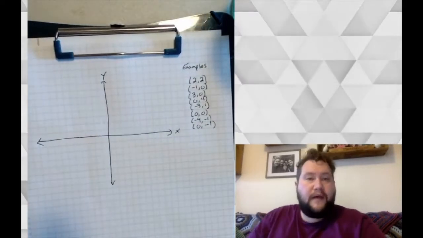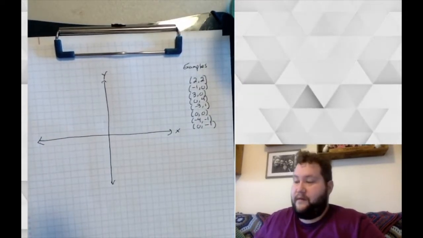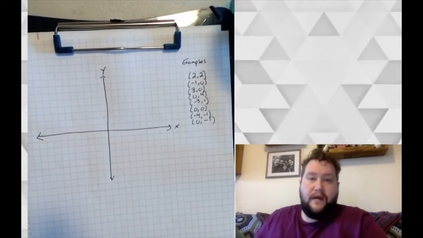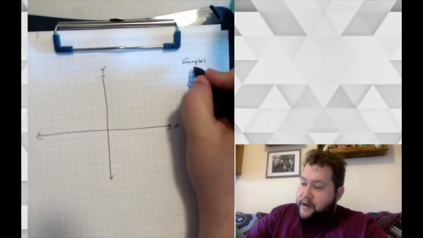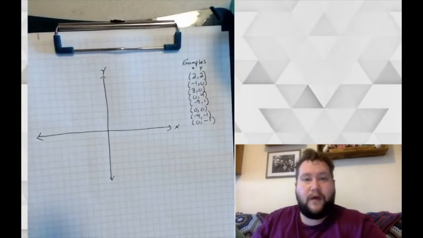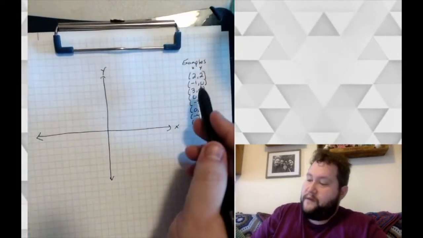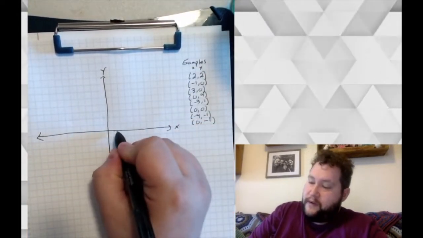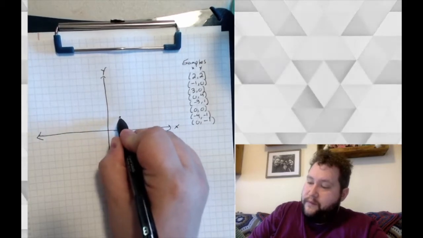Now you might pause and practice plotting each of those points, but then we'll go through them in turn, remembering that our first term is our x-coordinate and our second is our y. So x is 2, y is 2.